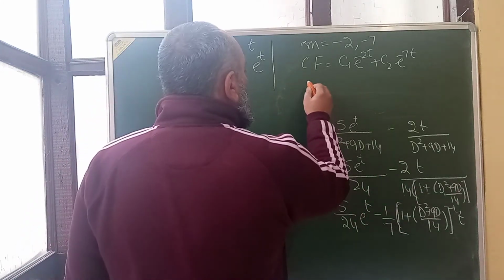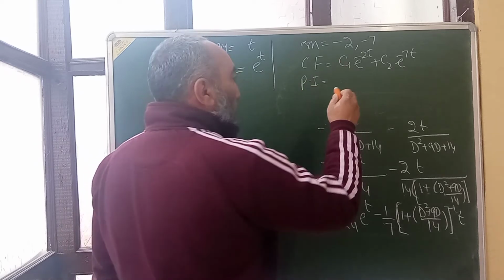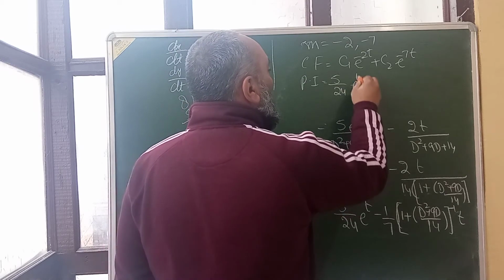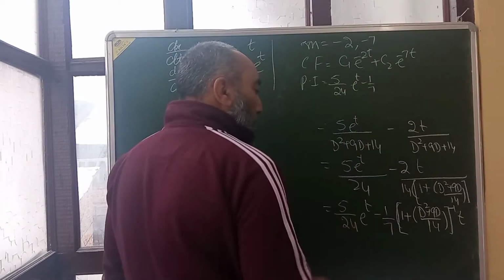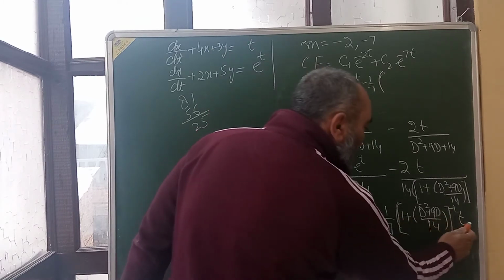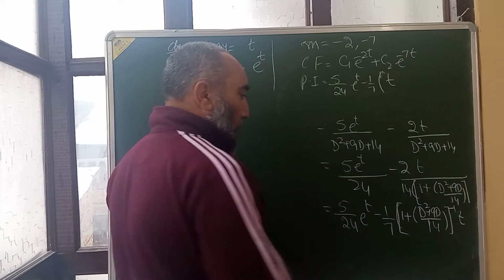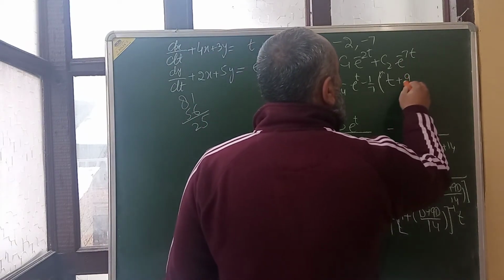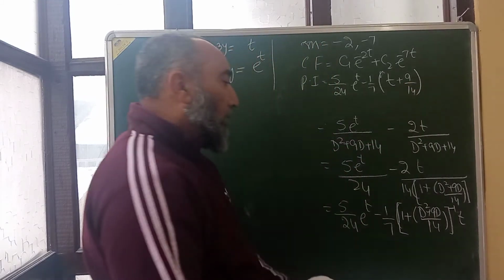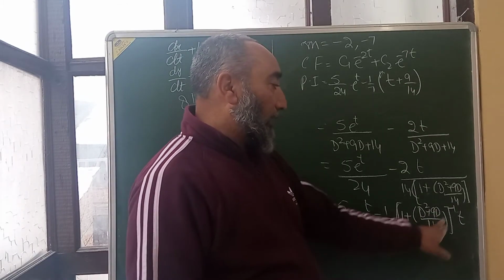So PI is 5 by 24 e raised power t minus 1 by 7. Okay, let me cut it short. This is 1 into t. You can go further, 9 by 14 differentiation of t, which is 1. Okay, this will be actually of the form 1 plus x raised power minus 1.